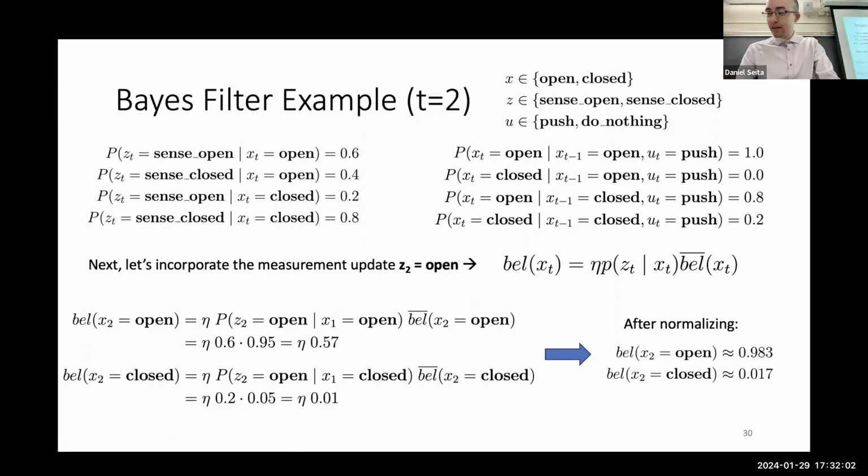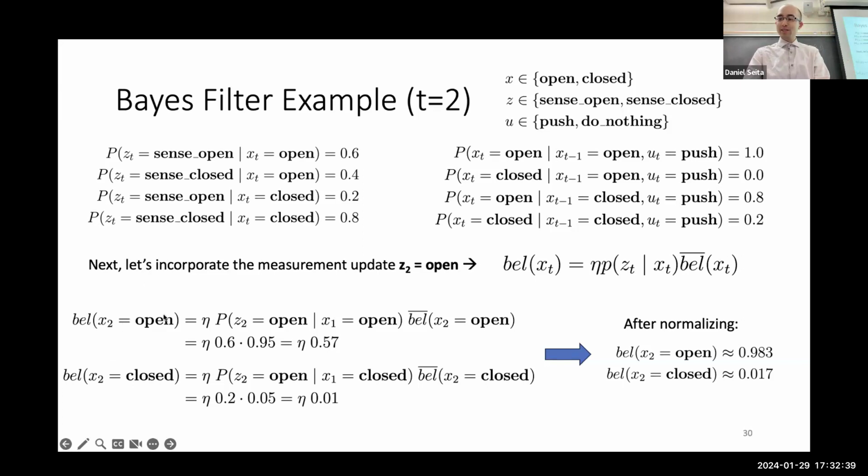All right, so the question is, in this equation, should it not be x2 is closed or open instead of x1 when calculating the belief of x2? I don't quite understand the question here. There are multiple equations here, so I'm not sure which one I'm supposed to be looking at.